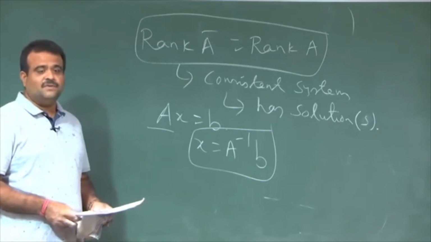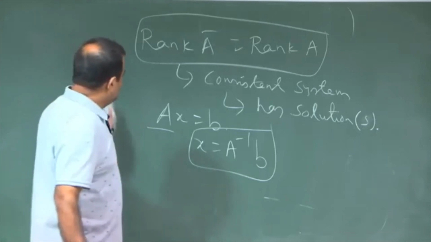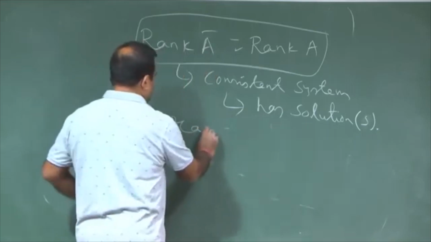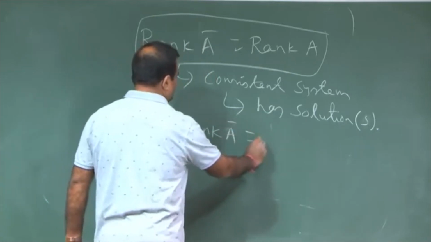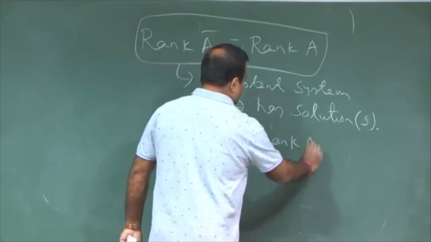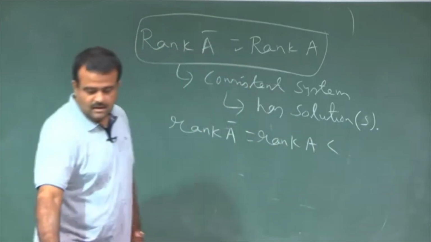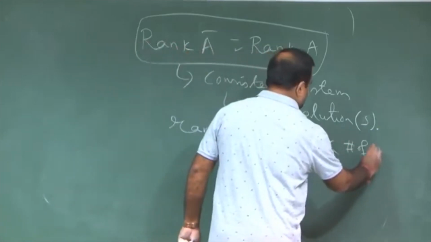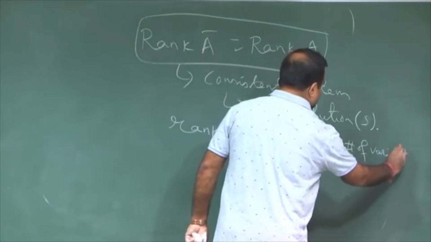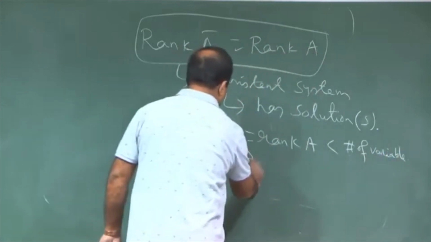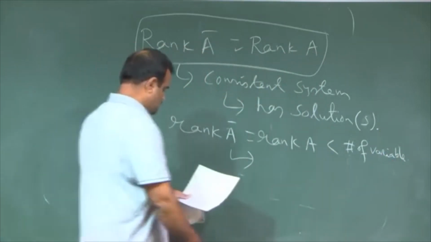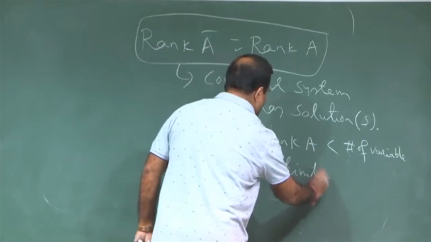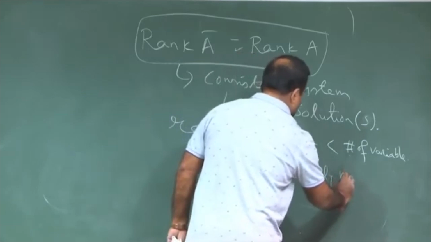That is, if the rank of the augmented matrix, which is the same as the rank of A, is less than the number of variables, then it is consistent and we have infinitely many solutions.